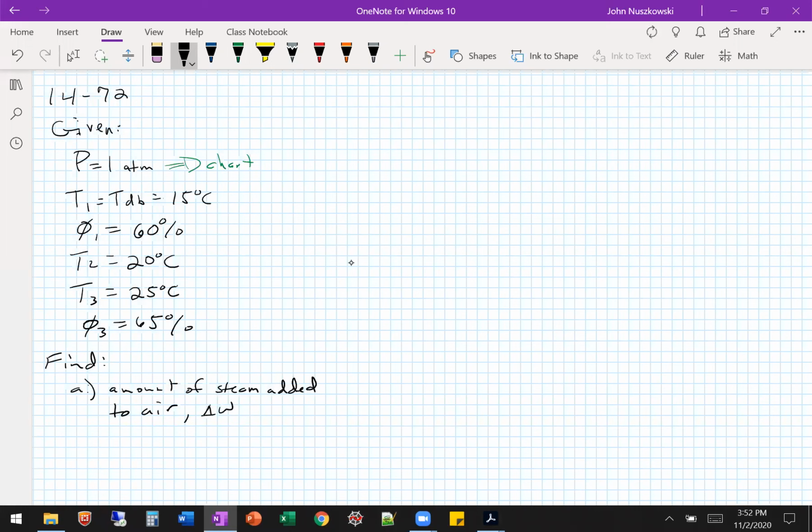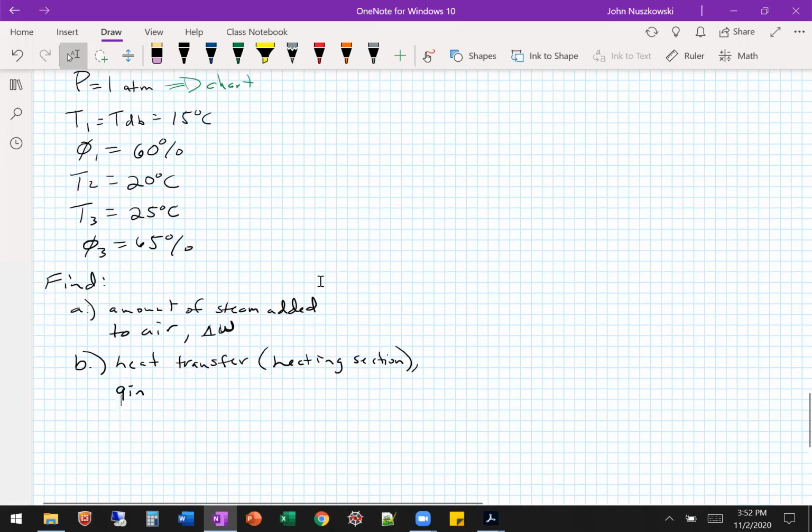Maybe we don't have a variable until we start solving it, but it'll end up being the change in specific humidity. But we'll see that when we solve. And then part B is the heat transfer to the air in the heating section. And that'll end up being lowercase q. And again, we'll see that when we solve.